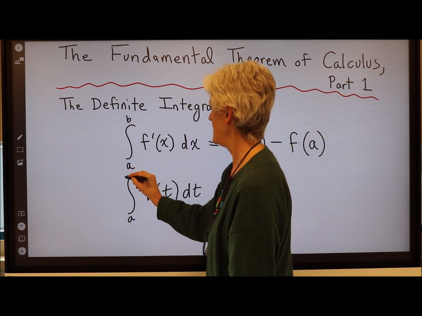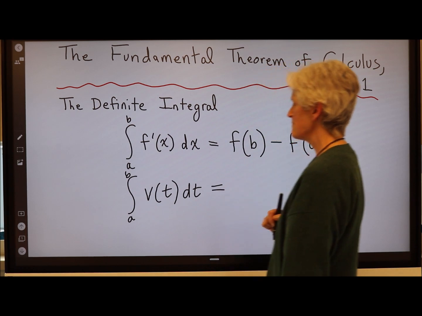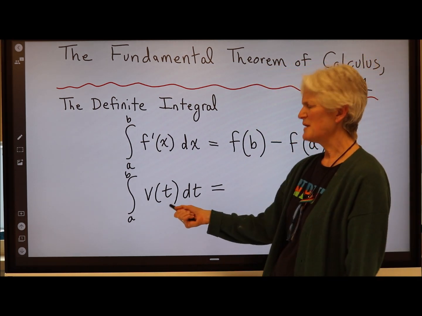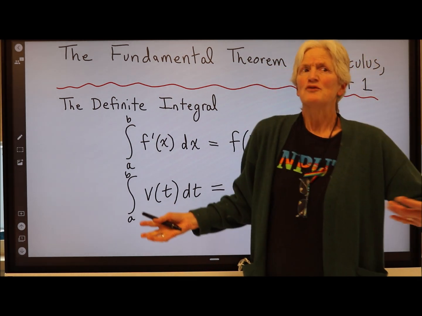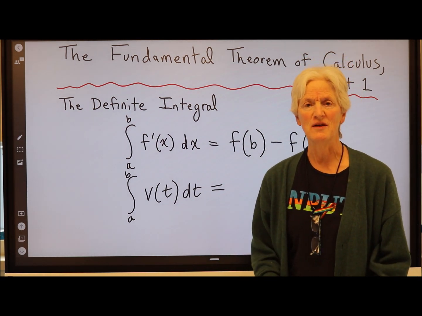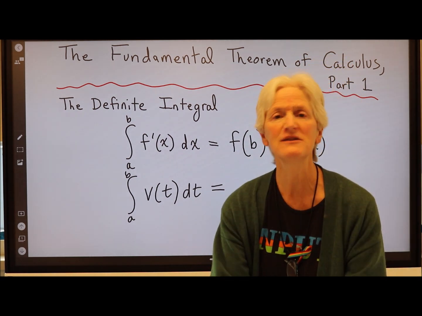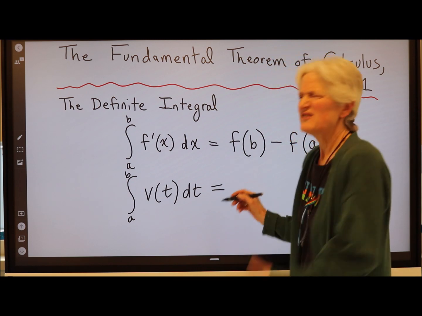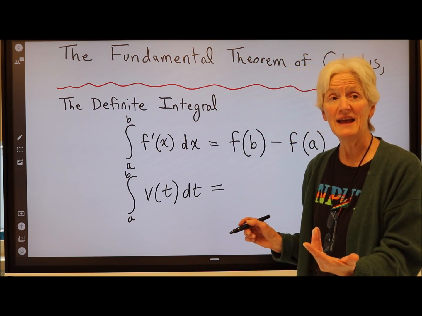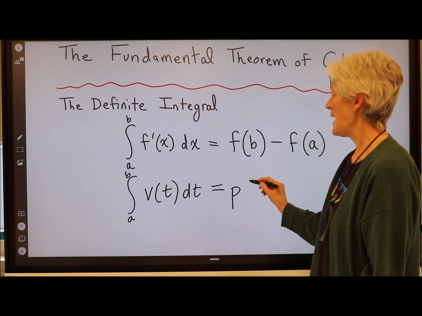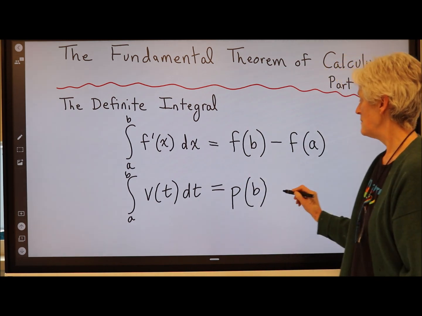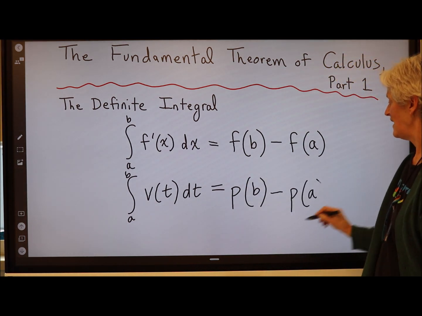Let's put in a and b. What would the antiderivative of a velocity function be? It would be a position function. So let's call our position function P of t. So that's going to be P of b minus P of a.